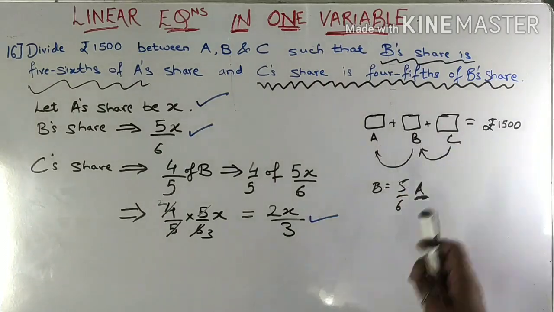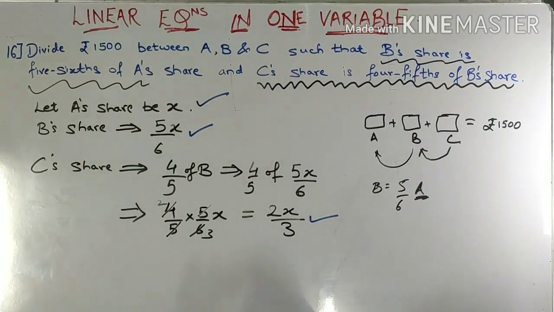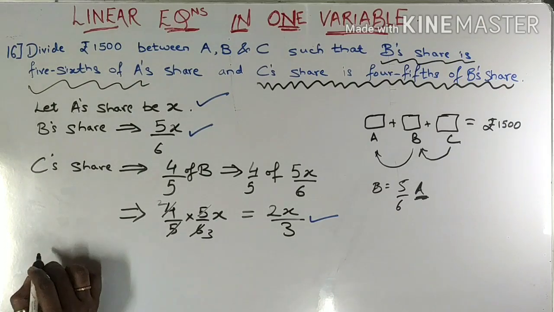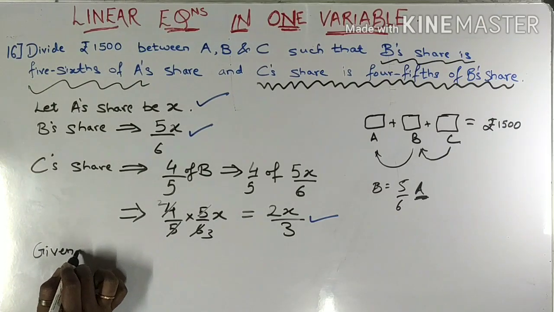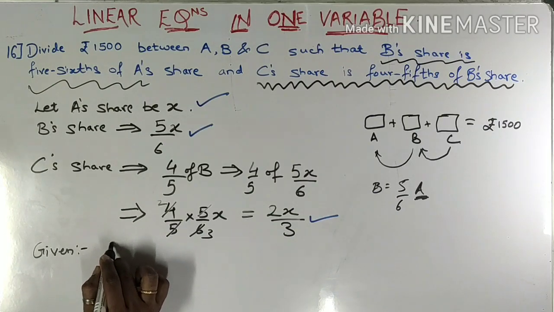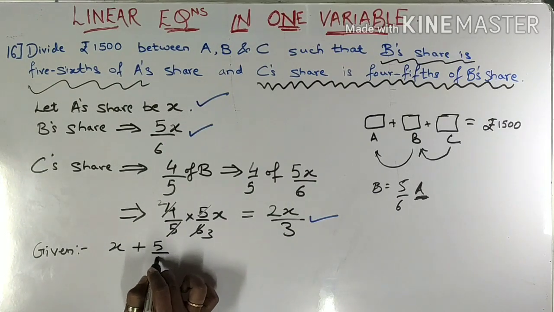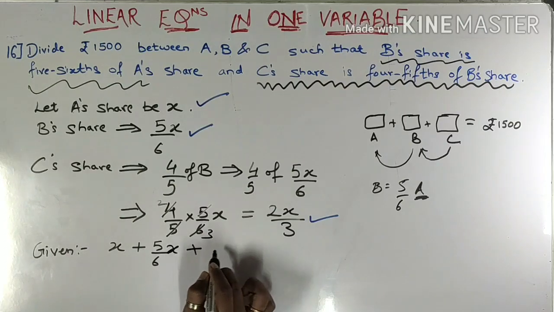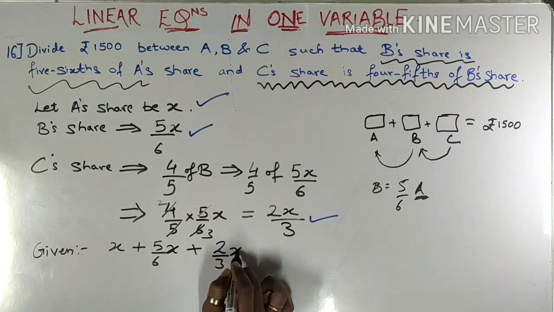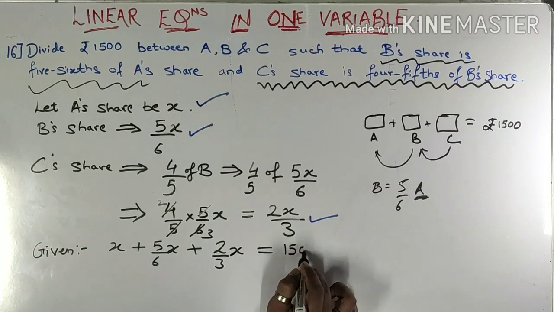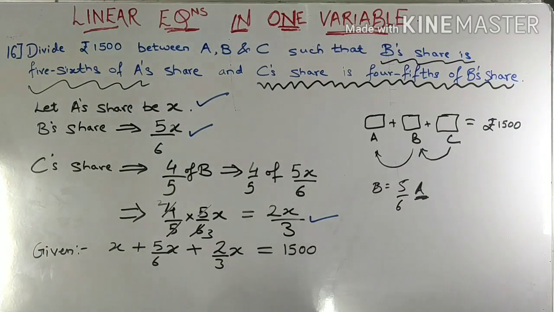So given, x plus 5 by 6x plus 2 by 3x gives you rupees 1500. This is the linear equation in one variable which we are supposed to solve and find all the three shares, that is A's share, B's share and C's share.